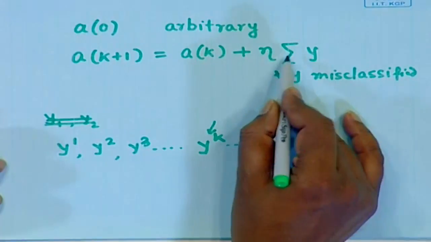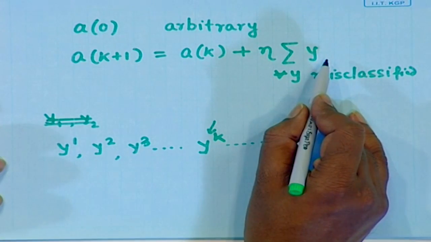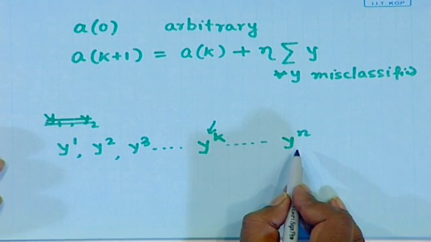And for the update, I will follow the same procedure as this, but here instead of summation of y, I will have only yk. And with this modified vector, I continue with other samples.